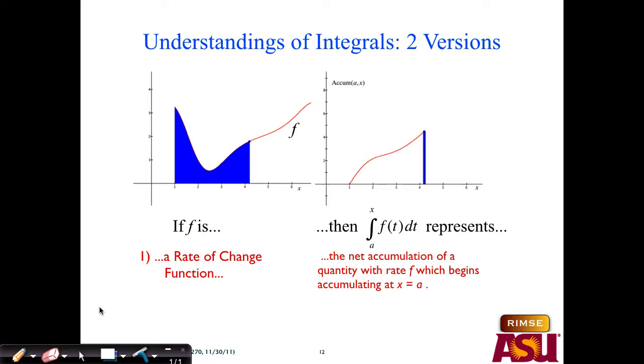If I think of f as instead just the physical shape here, maybe this shape models the boundary of some sort of product I'm trying to fabricate, and I want to make a piece of plastic of that shape.